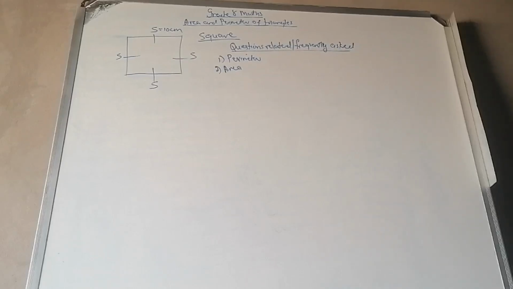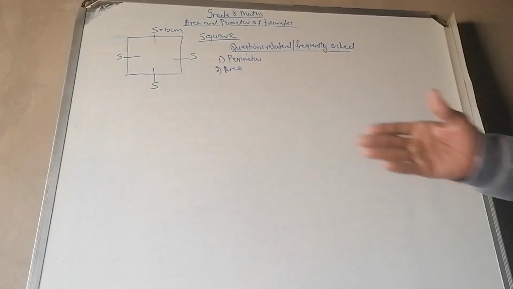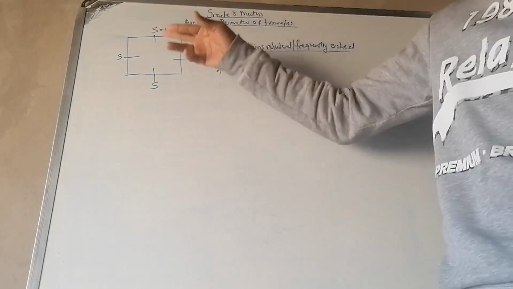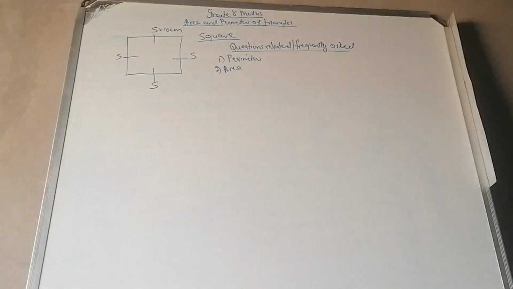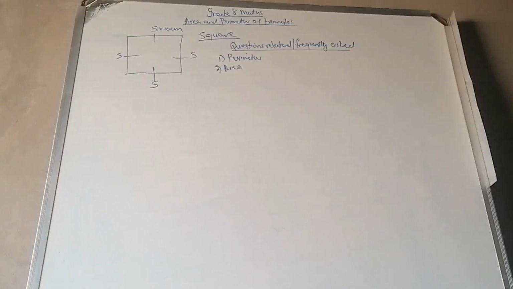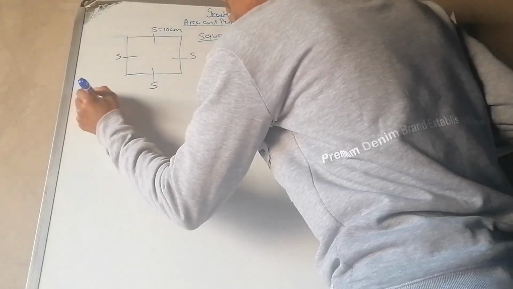Again? So, for example, if we are given that the side is 10, and we know that if one side of a square is given as 10, all four sides, because it is a four-sided figure, will have a value of 10. So we can immediately look at the perimeter of this.